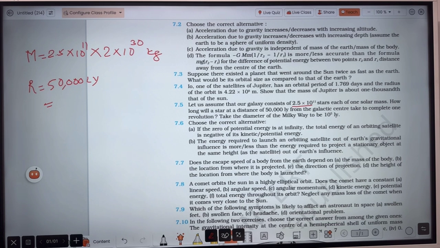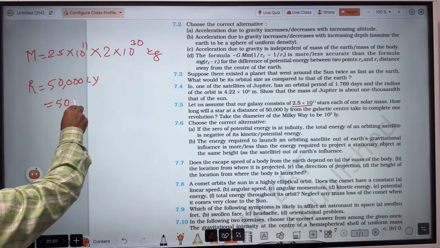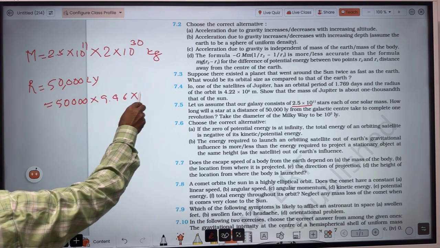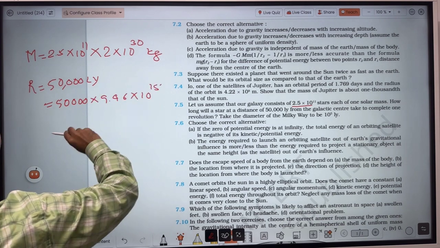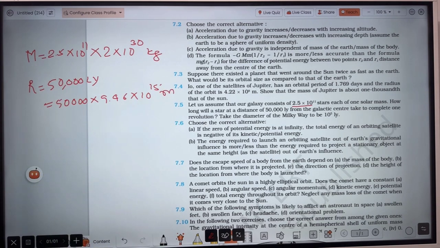Let's confirm it, then we will proceed. Yes, so it is 50,000 into 9.46 into 10 to the power 15 meter. So we have got M and R.